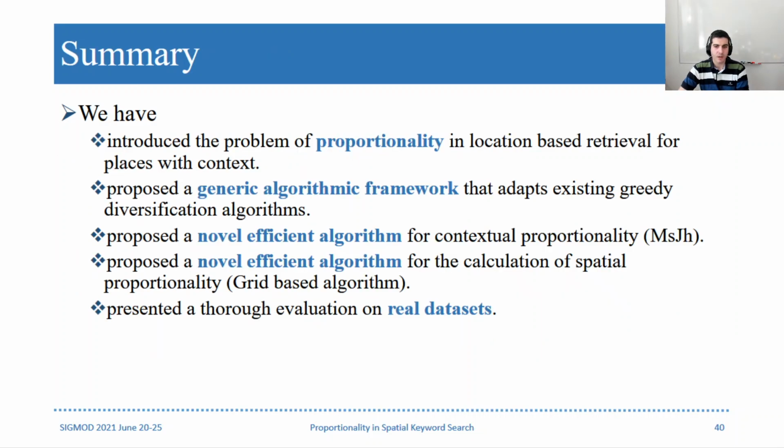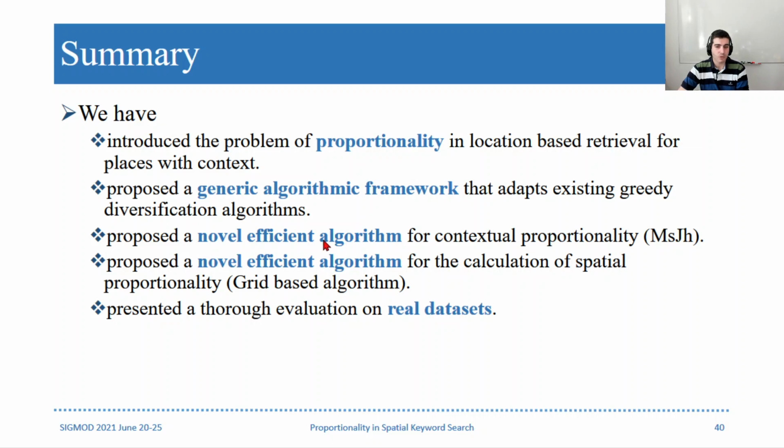Reaching the end, I will summarize the central points of our work. We have introduced the NP-hard problem of proportionality in location-based retrieval for places with context. We have proposed a generic algorithmic framework that adapts existing greedy diversification algorithms. We have proposed a novel efficient algorithm for the calculation of all Jacquard similarities between all objects of a collection.